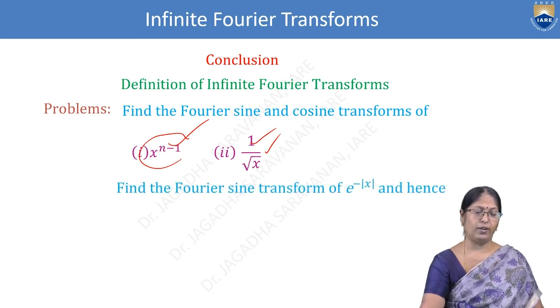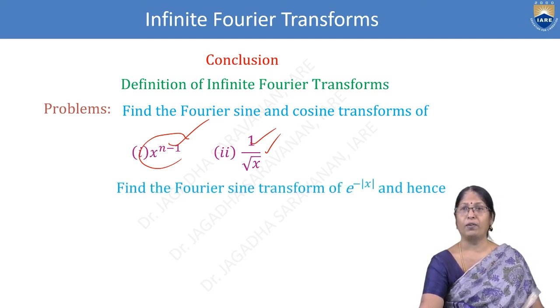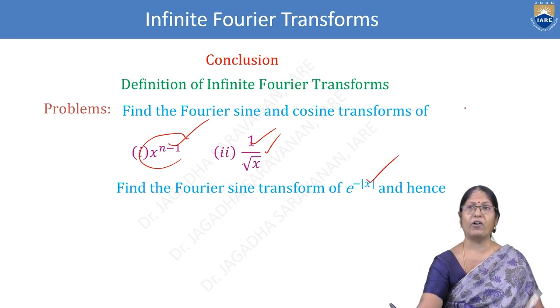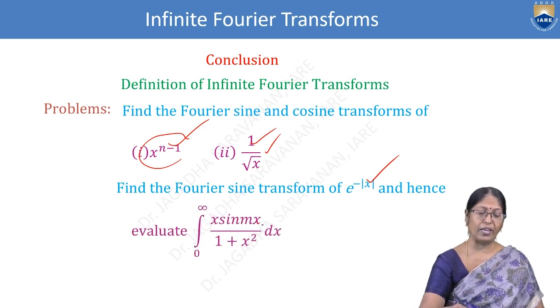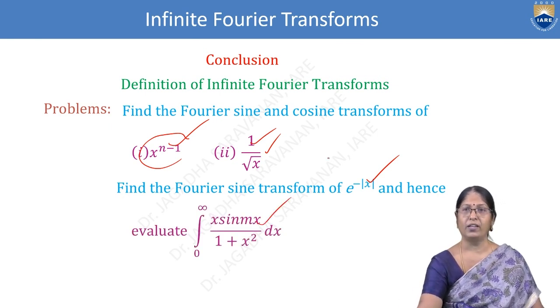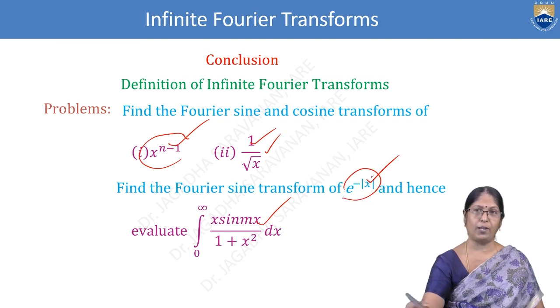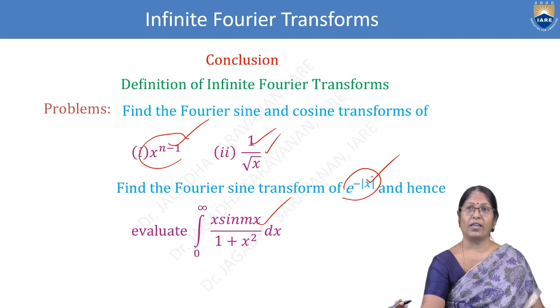The next one, a different problem. Find the Fourier sine transform of e power minus mod x. From that, how to evaluate the integral 0 to infinity x sine mx by 1 plus x square dx. With this help, if any integral comes to be evaluated, we have to use the inverse.